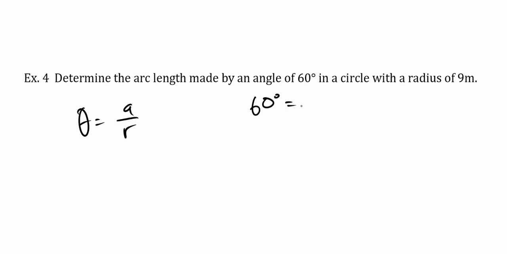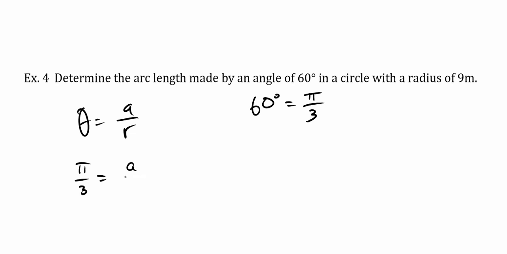You've got it written on your sheet. Pi over 3. Very important. Remember, 180 is pi. So a third of 180 is 60, a third of pi is pi over 3. The pi part is very important. Okay, so I've got pi over 3 equals, what does it give us?